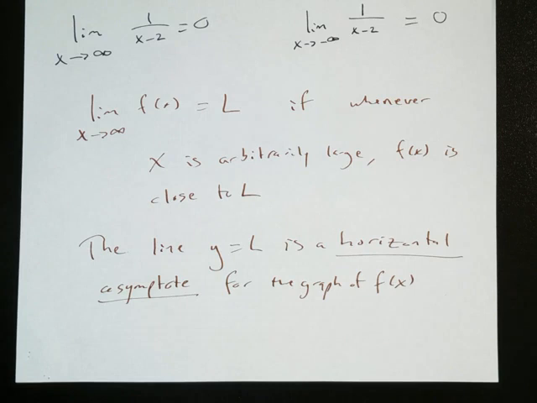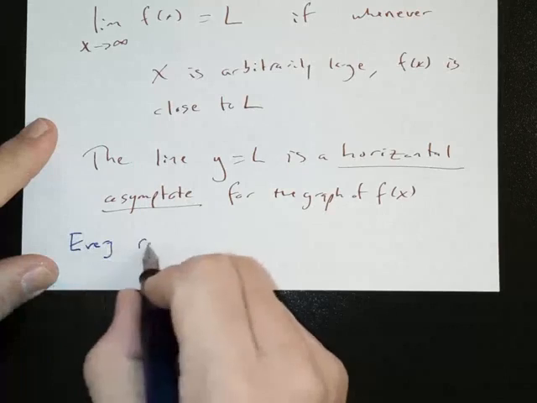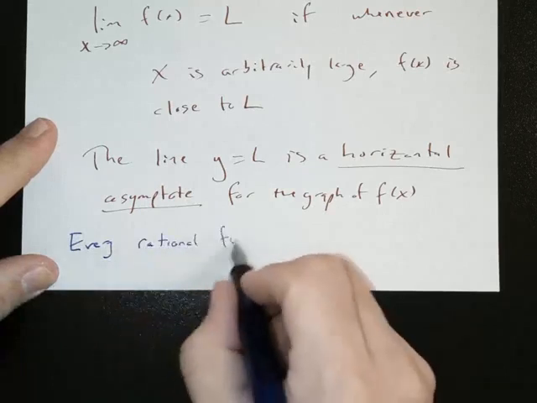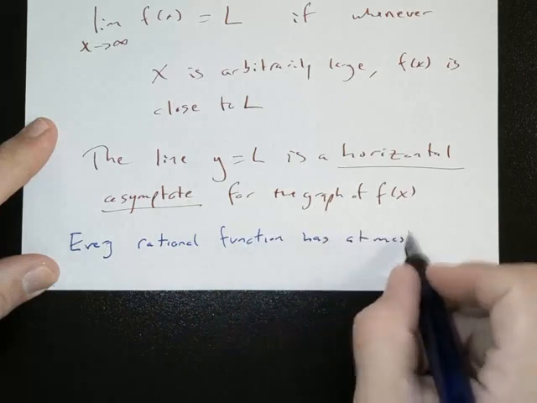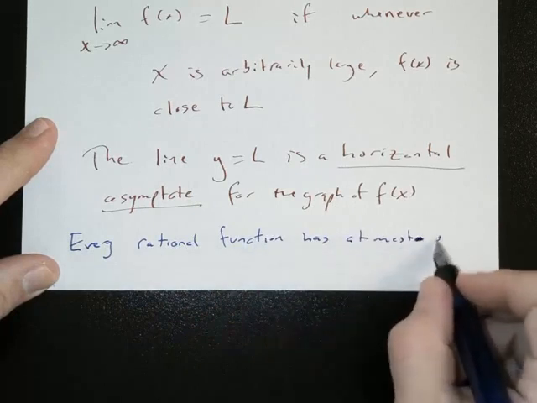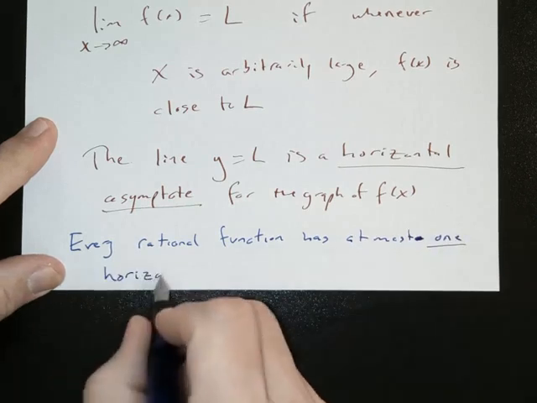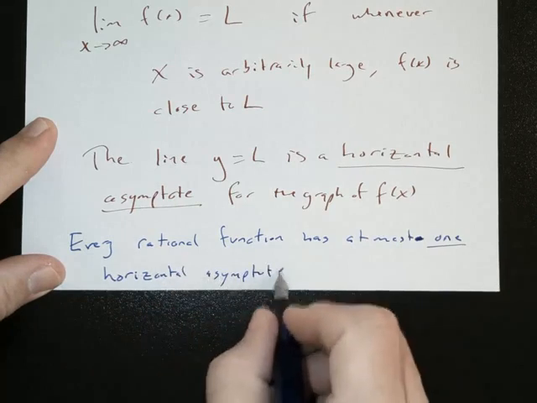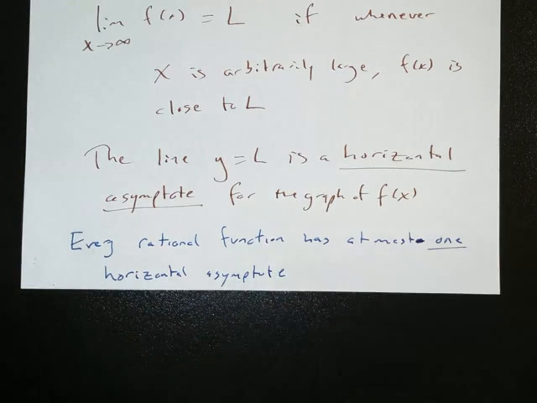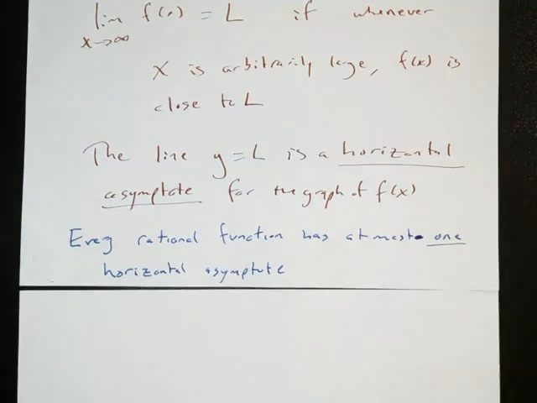It turns out that a rational function can have at most one horizontal asymptote.